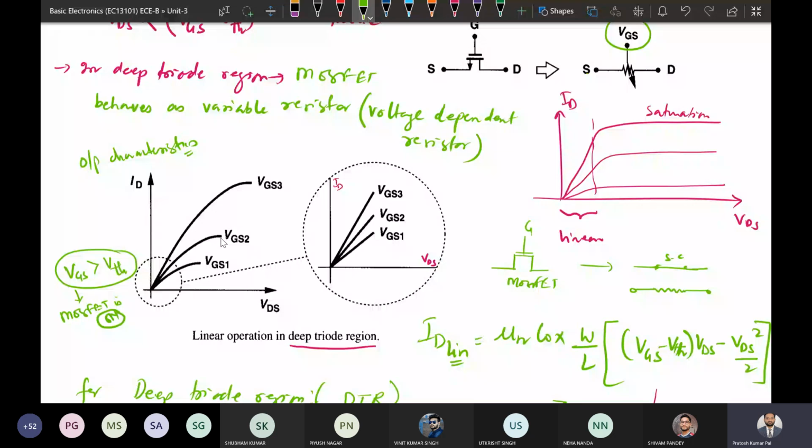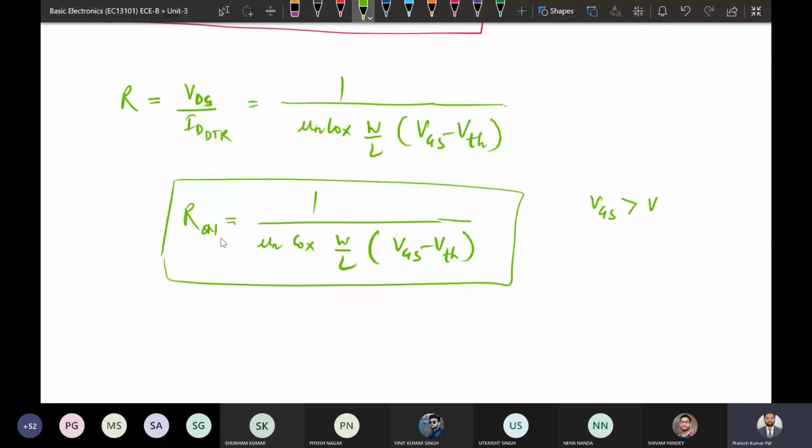That is the overdrive voltage of the MOSFET.